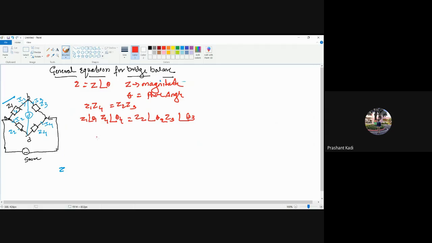Once you solve this, it will be Z1 Z4 with an angle of theta 1 plus theta 4 equals Z2 Z3 with an angle of theta 2 plus theta 3.